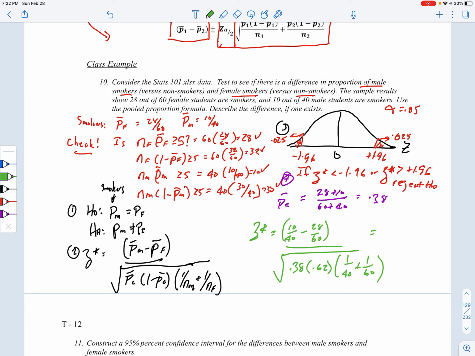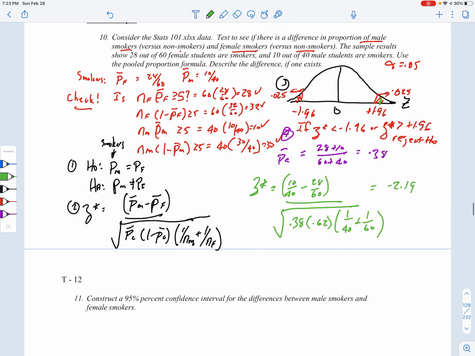Okay, and that turns out to be, what do we get? Minus 2.19. So that falls right in here, like that. And so what we do is we end up rejecting H0.